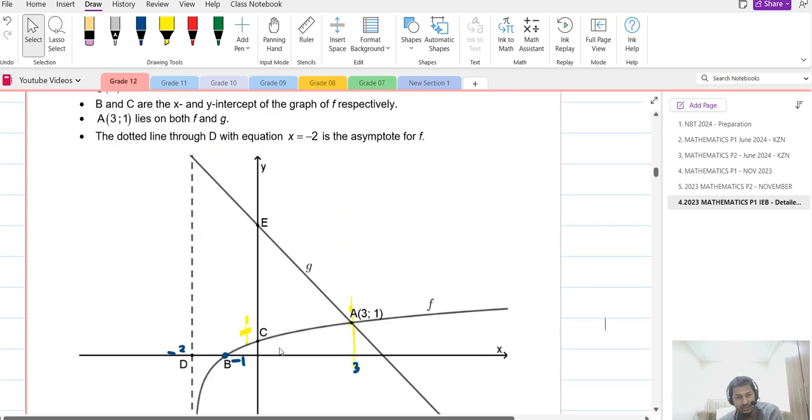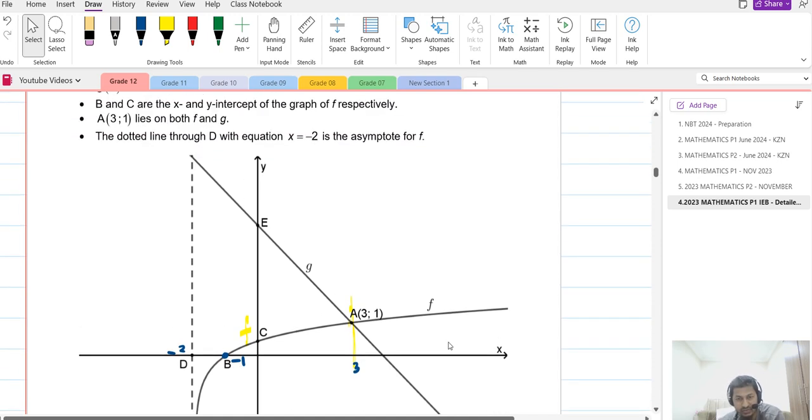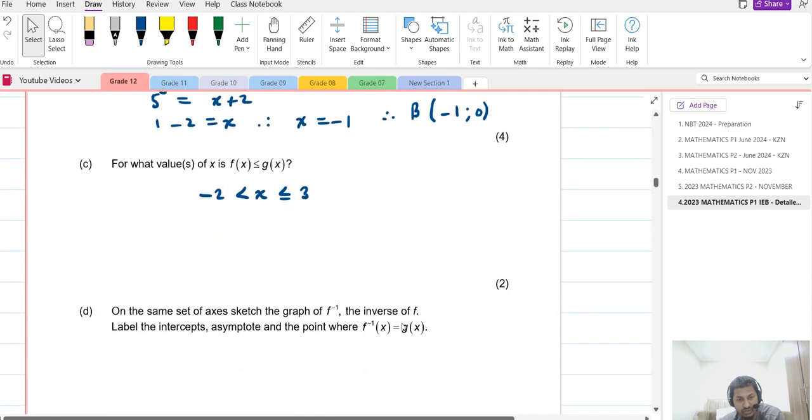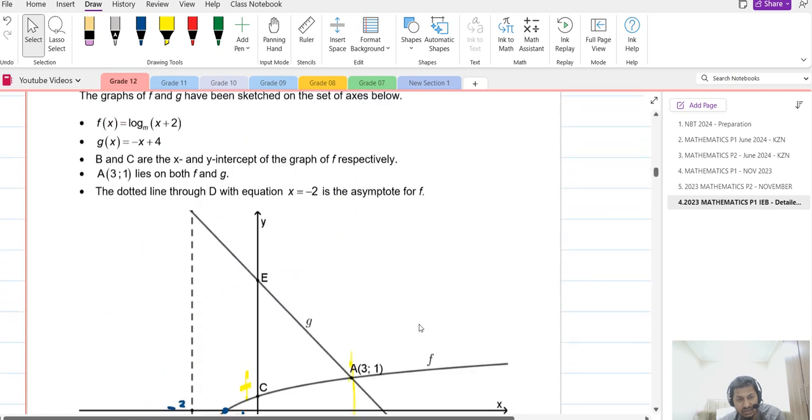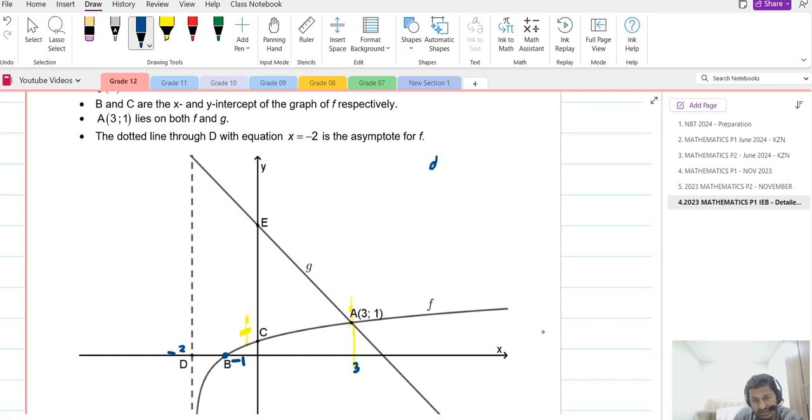We have a point minus 1, 0. I'm trying to do question D, part D from here. So we know on the f graph is minus 1, 0.